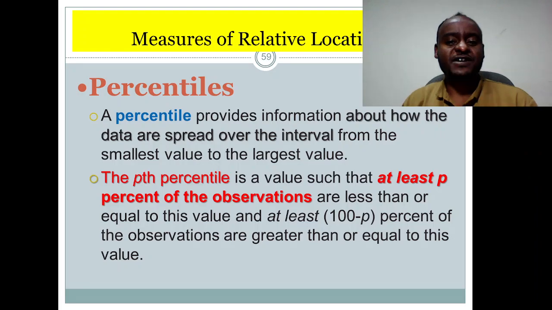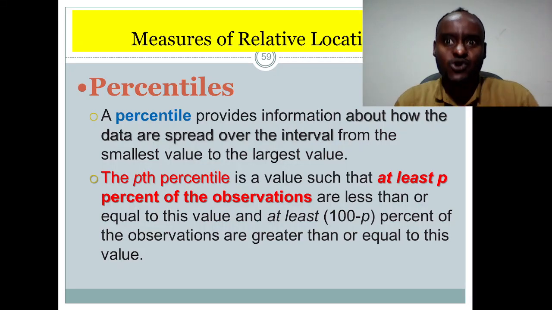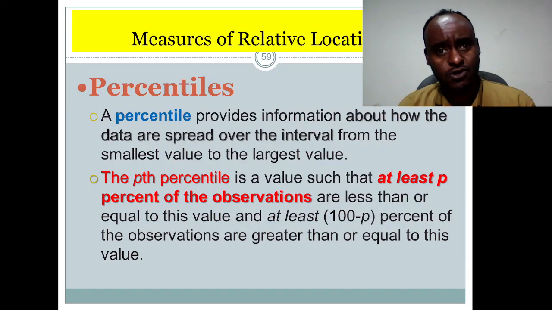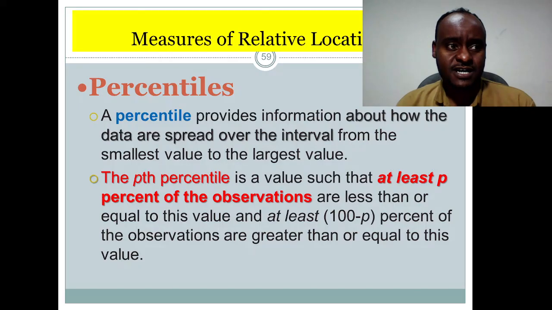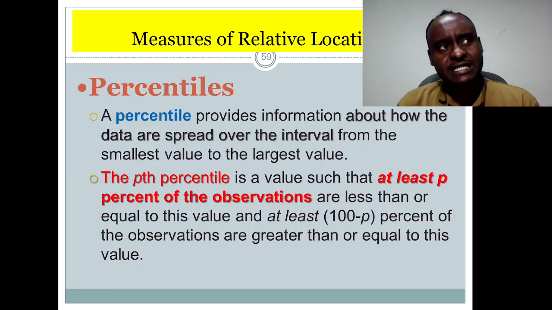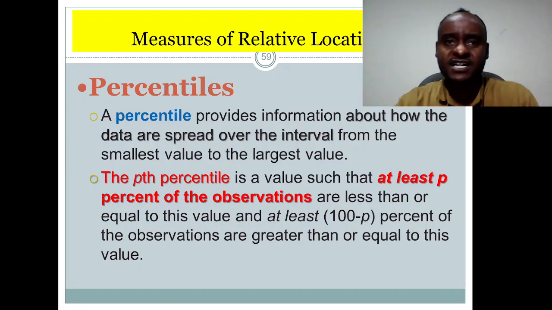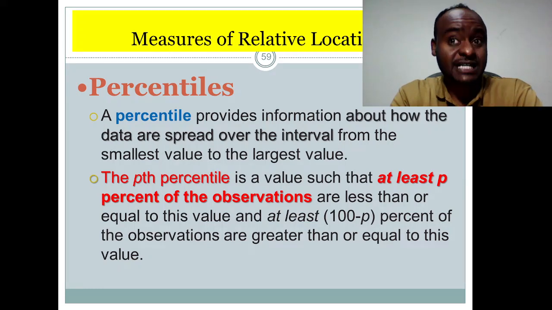So, the measure of relative location. From the concept, the measure of relative location helps us to know the place of a given data point relative to the other data, relative to all the data points you have. What is the position of that specific data value?